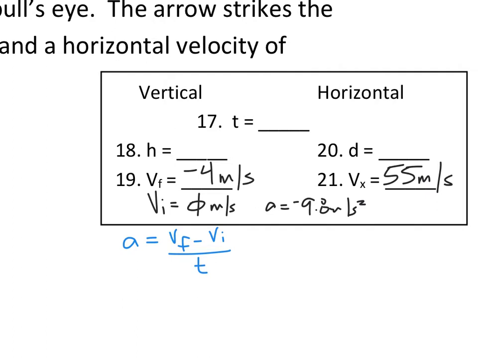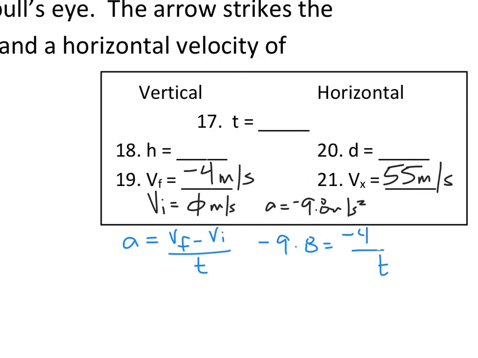If I substitute everything in that I know, A is a negative 9.8, VF is a negative 4, VI is 0, and T is unknown. Negative 4 minus 0 is just negative 4, so all I'm left with is a negative 4 divided by T.